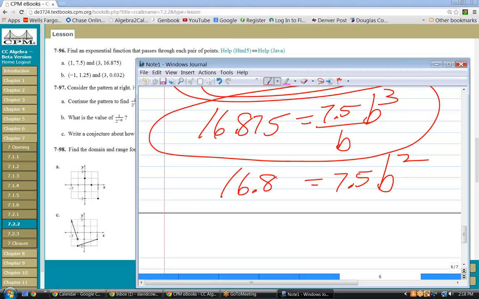Now what's the next step? We have to put both of them over b to the second. Well, we're trying to solve for B. So what's the next step if I'm trying to solve for B? Oh, divide by 7.5. Okay, what is this number divided by 7.5?